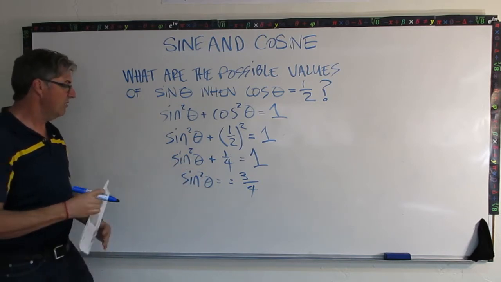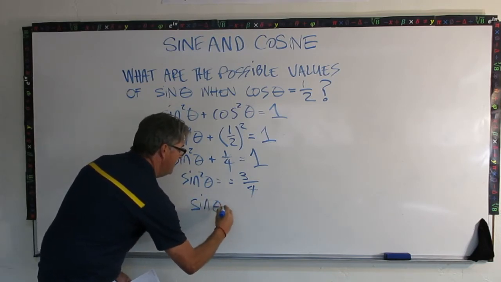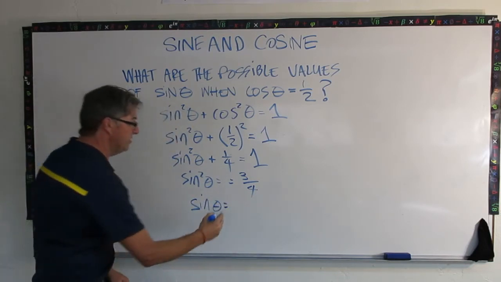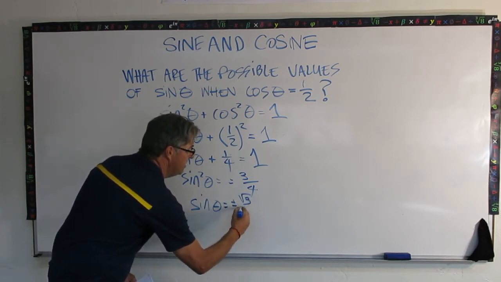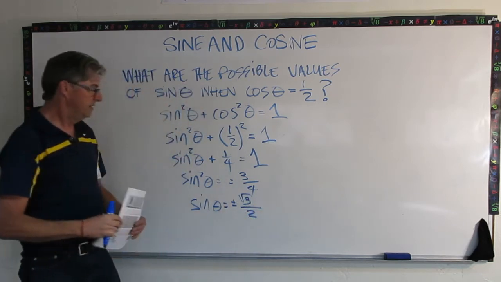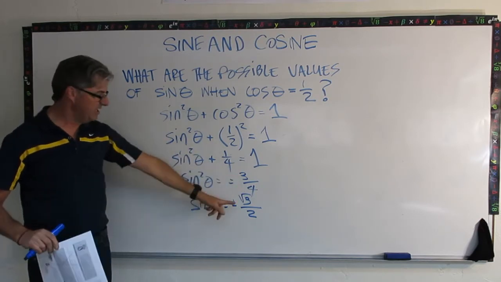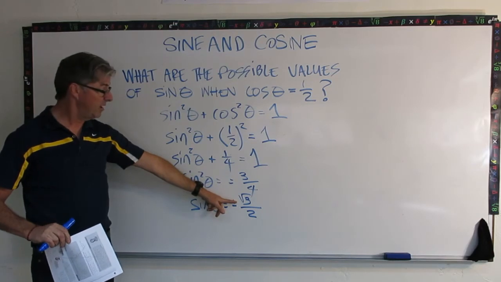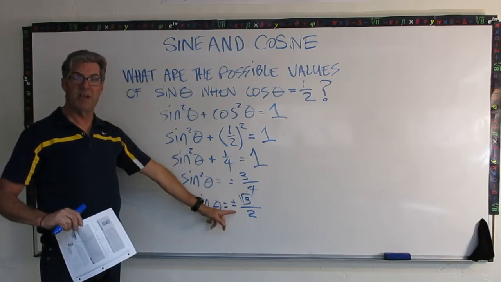So take the square root, and this gives me sine theta equals, don't forget your plus or minus, plus or minus root 3 over 2. So what we're doing is we're taking the square root of the top and the bottom. Square root of 3, just leave it as a root 3. Don't get out your calculator. But the square root of 4 is 2, and we do have our plus and minus.